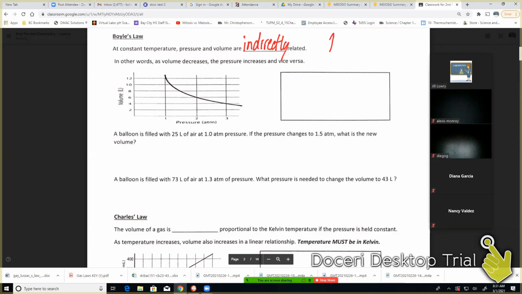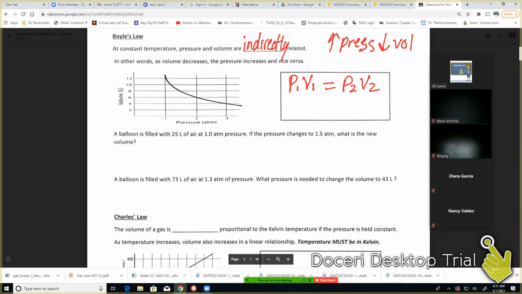which means if I increase my pressure, I'm going to decrease my volume, which makes sense. If I increase my pressure, I'm going to push the particles closer together and the volume would decrease. So the formula for that is P1, pressure 1 times V1, volume 1 is equal to P2 times V2.